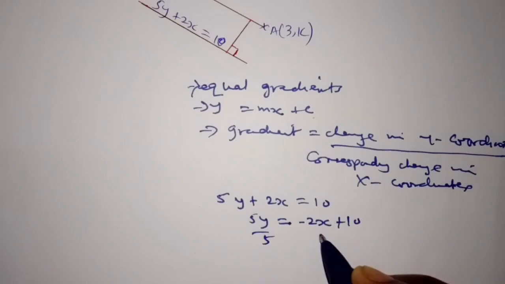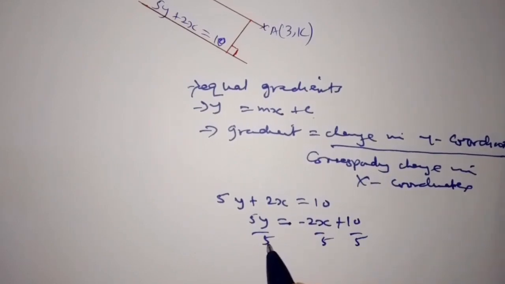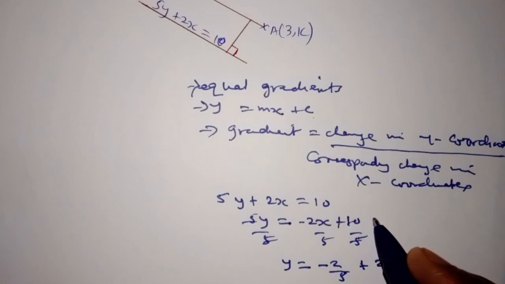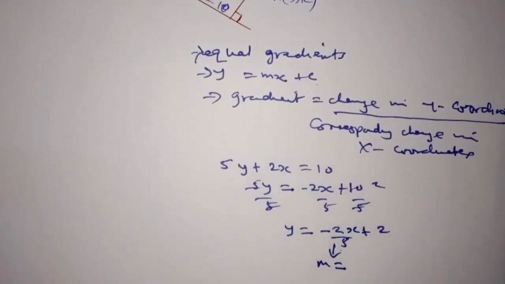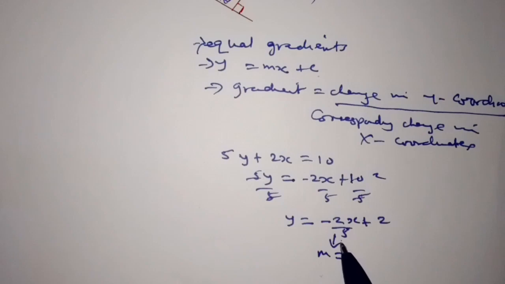We can divide by 5: y is equal to -2 over 5 x plus 2. So our gradient m here is -2 over 5.